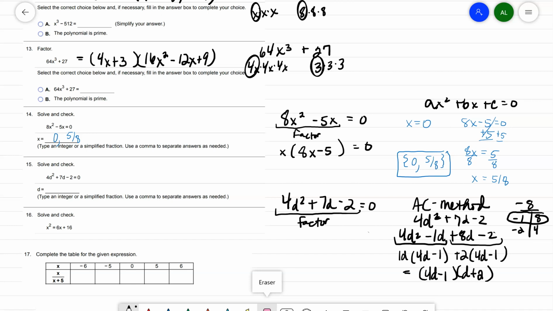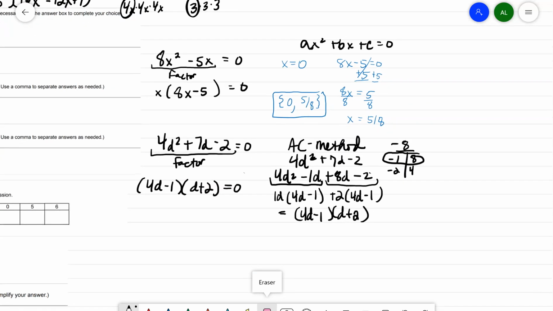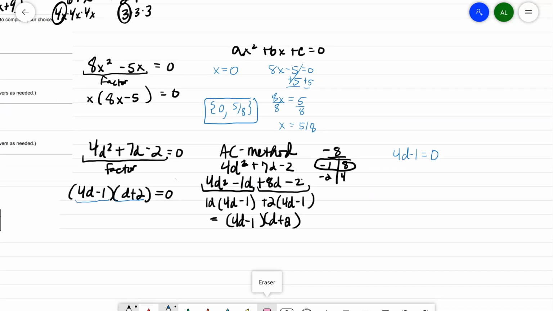Now that I have factored this trinomial, I have my factors here. Now it's time to use the zero product property. So I take both of these factors. There's my first equation, 4d minus 1 equals 0.